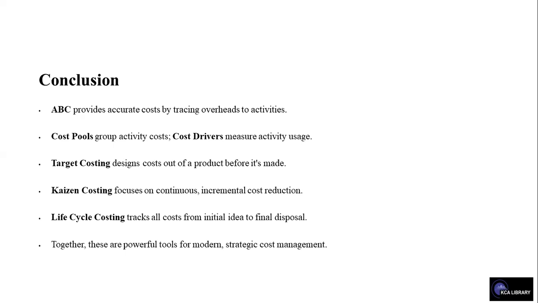We also see kaizen costing, focusing on continuous incremental cost reduction, and we see life cycle costing as one that tracks all costs from initial idea to final disposal. Together, these are powerful tools for modern strategic cost management.